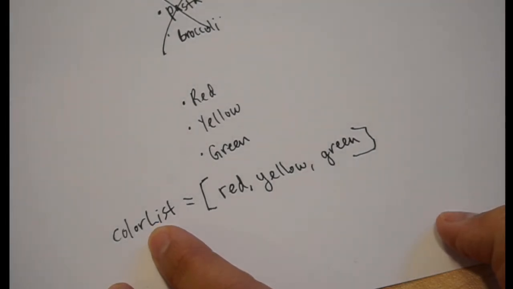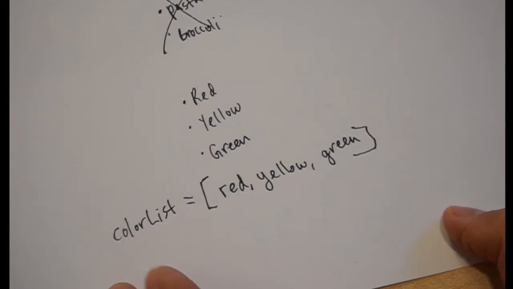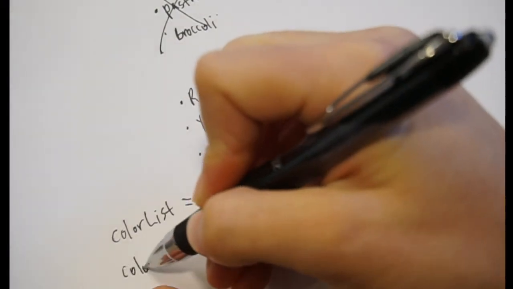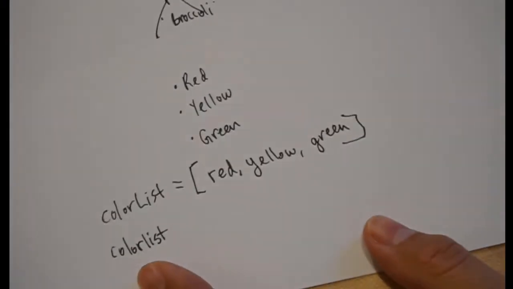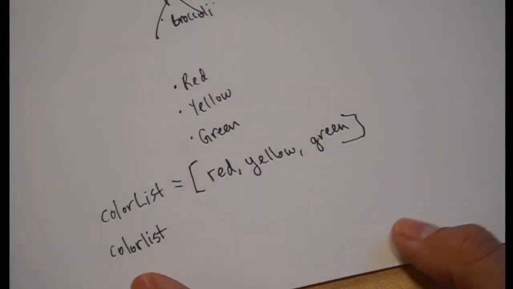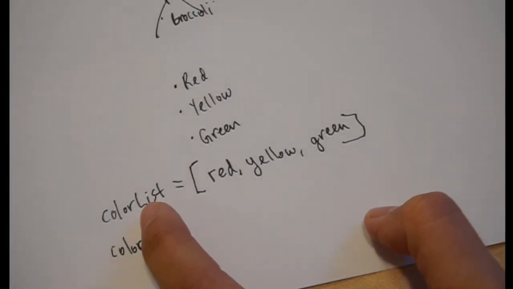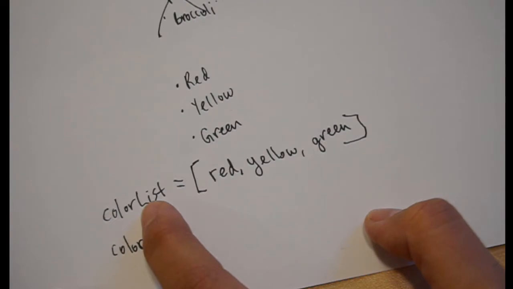Basically what it does is it lets you read mashed up words together without having an issue. So if I were to write this like this, colorlist, it's hard to tell where one word ends and the next begins, but doing a capital letter at the start of every new word makes it way easier to read.